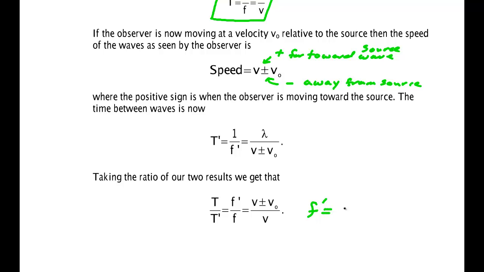You could say that f prime is equal to f times 1 plus or minus v naught over v. If the observer speed is small compared to the speed of the wave, then basically the frequency doesn't change much. But let's say that the observer could go at half that speed. Then this would either make it 1.5 times the frequency, or if the observer goes in the other direction, it would make it only half the frequency. So when v naught begins to get close to v, you can have dramatic changes in the frequency and hence the pitch that you hear.